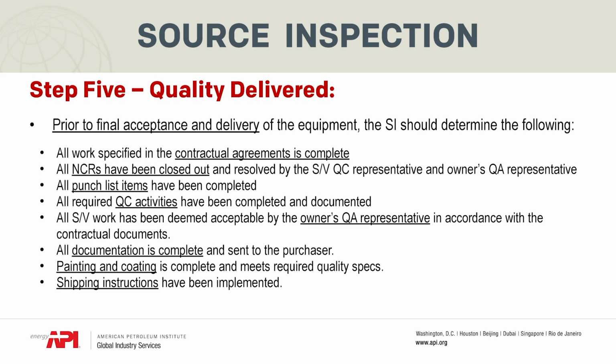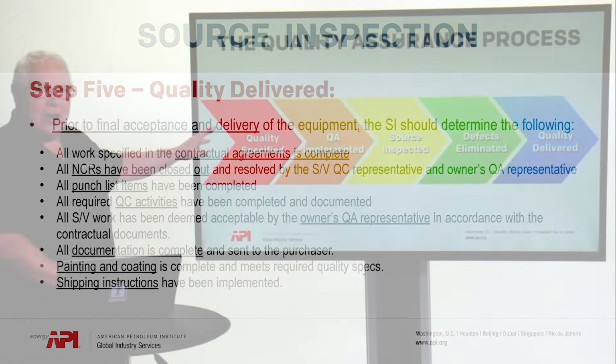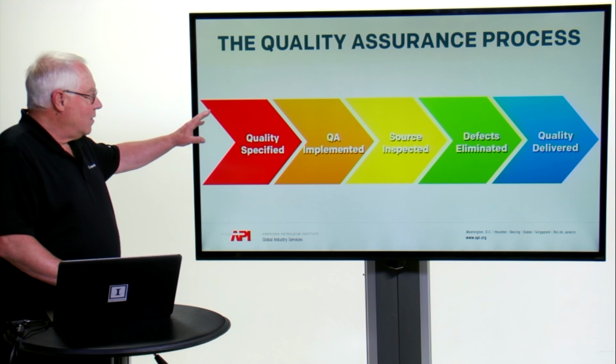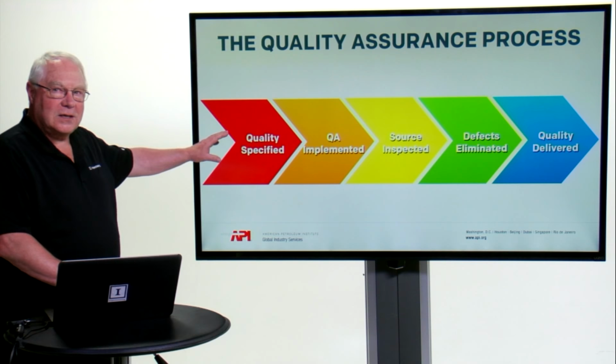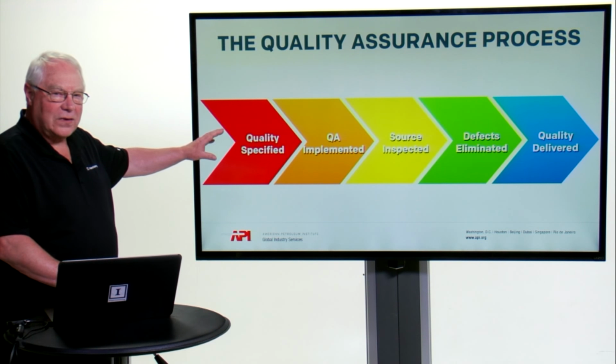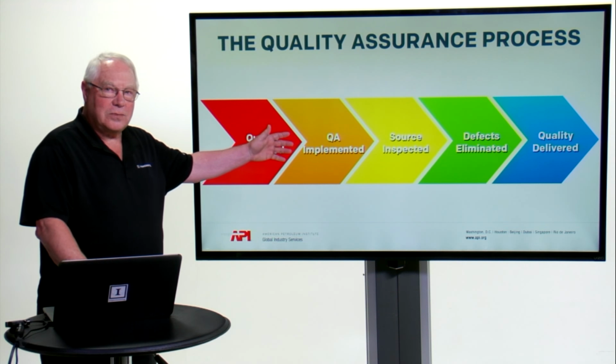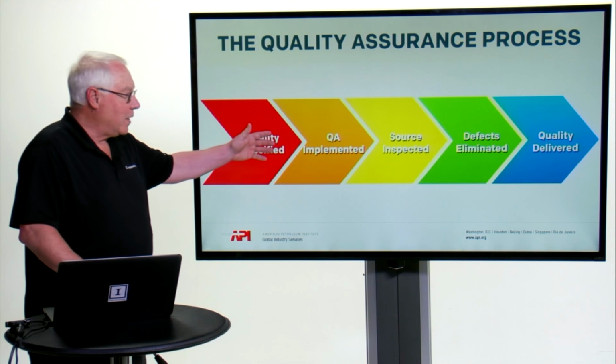Okay, we're back now to our graphic that shows the 5-step process that we just spoke about, where first of all, the quality is specified for the product, and all the documents and specifications and codes and standards are created. Step 2, where the quality assurance process is implemented.